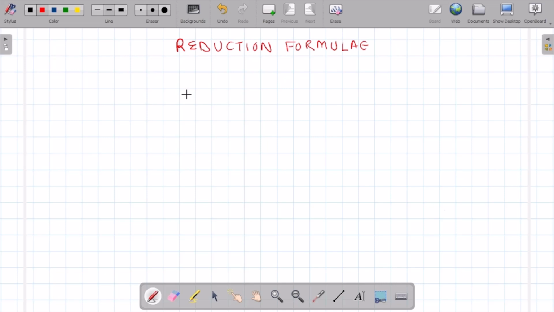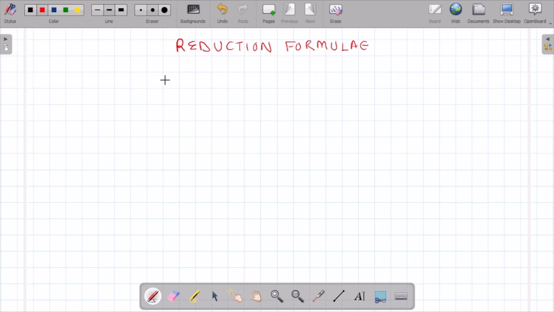So if you have a recurrence relation, you can evaluate any integral taking different values of n. That is what we want to achieve today, and I'm going to propose three problems to you. Let's get started.